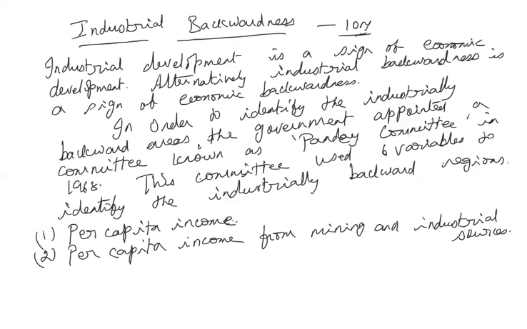So the second variable is whether the high per capita income arises because of the industrial sector. What is the contribution made by mining and other industrial sources? Basically, what is the total population employed in mining and industries in that particular state, and what is the income generated from that. So based on the average income contributed by mining and industrial sources in that state, that is the second variable.